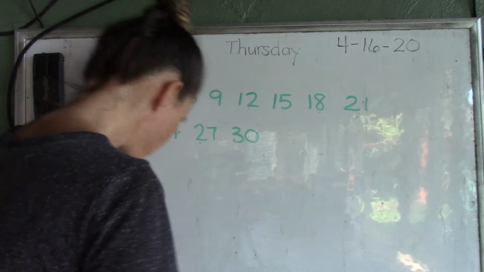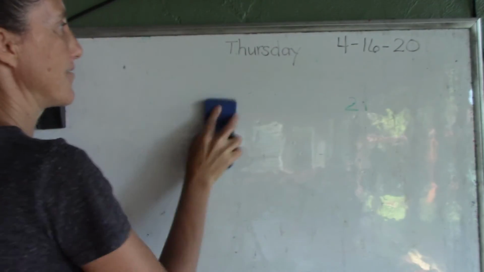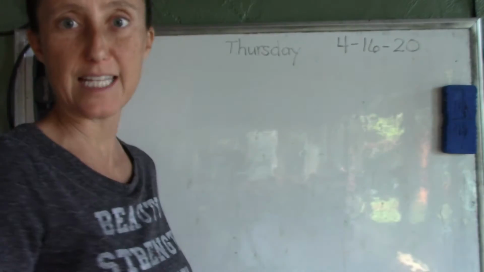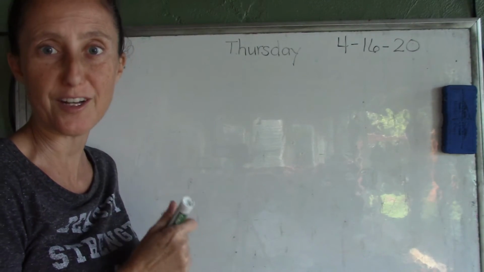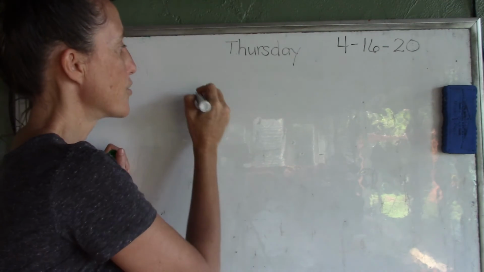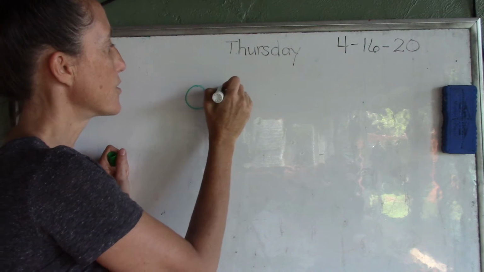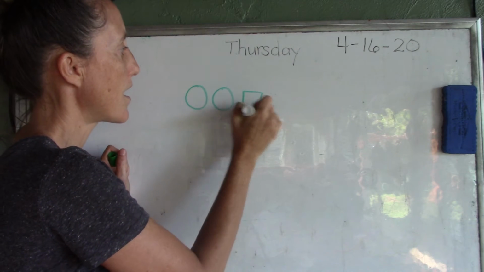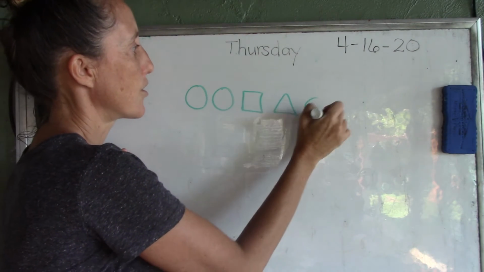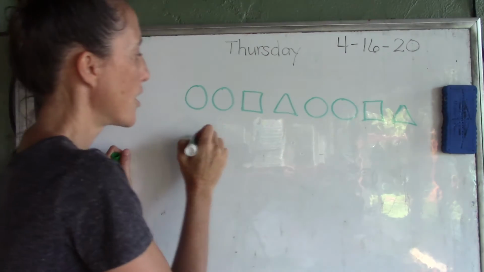Okay, we are going to do, this green one doesn't erase very well, but it's okay. I did it. Okay, we're going to do a pattern, kindergarten. You ready for your patterns? You're good at patterns, I know that. So we have here circle, circle, square, triangle. Circle, circle, square, triangle.